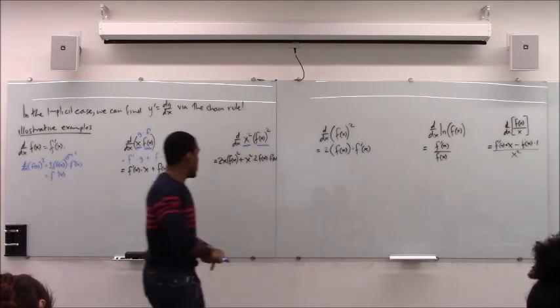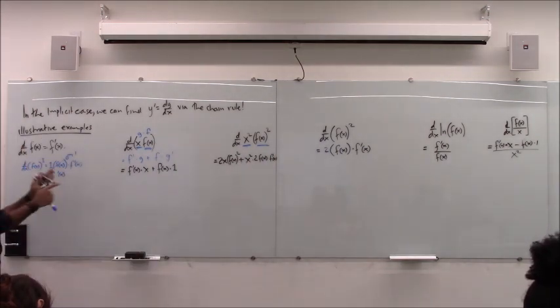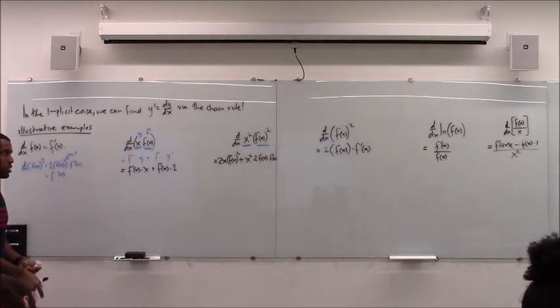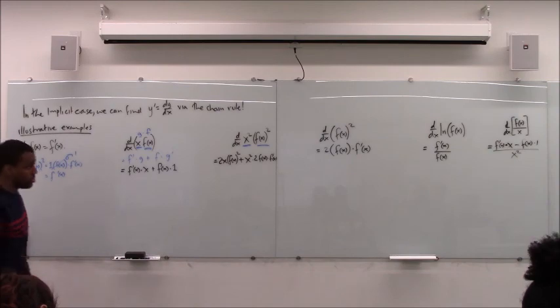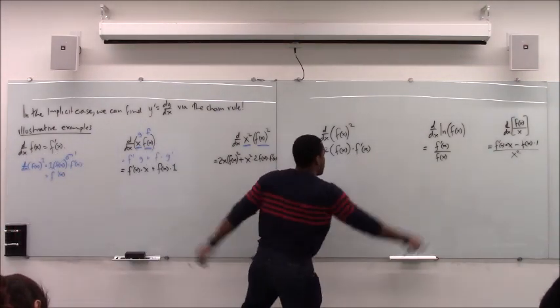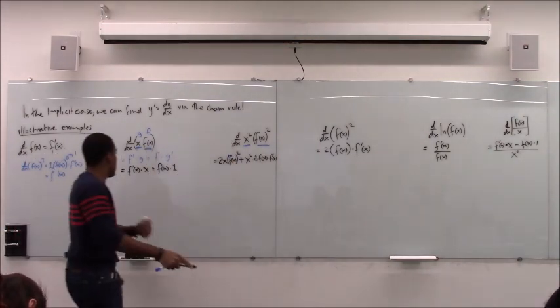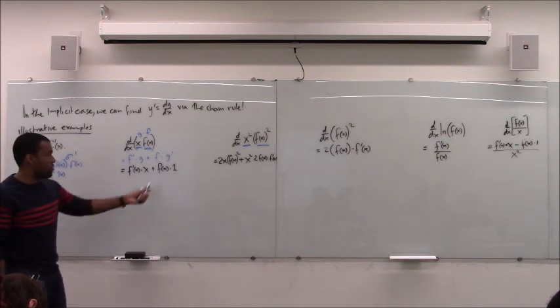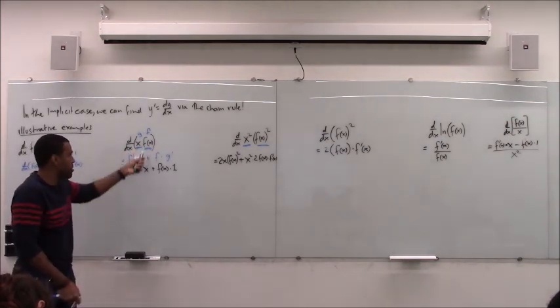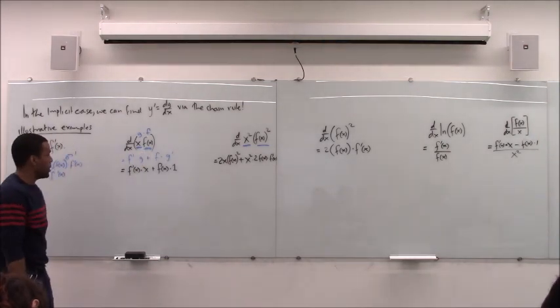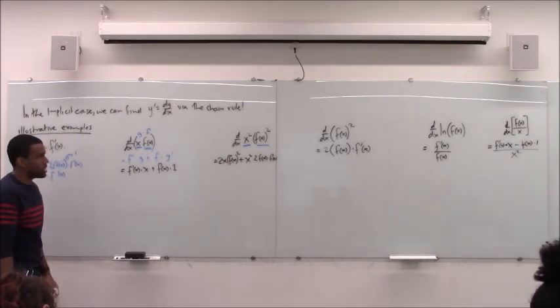Things I want you to get from this. First of all, the old derivative rules and formulas that I told you about still apply. The product rule still applies, the chain rule still applies, the quotient rule still applies, all that stuff still applies. How you differentiate ln of something still applies. The difference is, whenever there's a function in the way that you don't really know what it is, that f of x could be anything, how you deal with that is the chain rule.